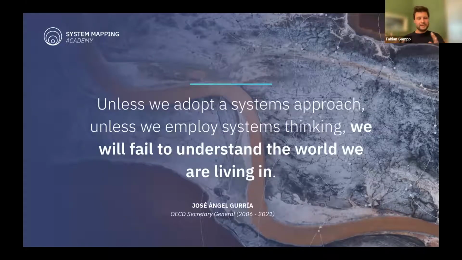System thinking is pretty old. It was already developed in the 60s, and there was a big movement, but somehow it never came to its full flourishing. From our perspective, this is now the second renaissance, if you want, of system thinking, as we really see the urge to do this.